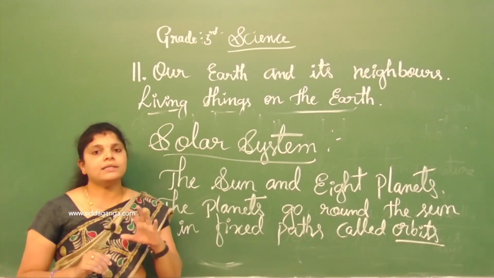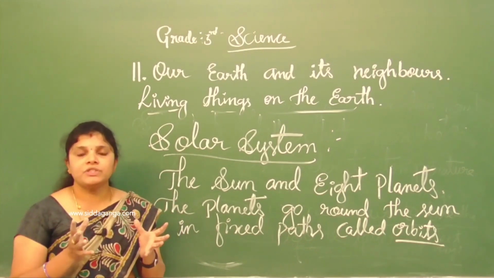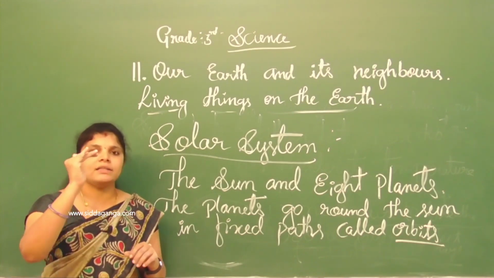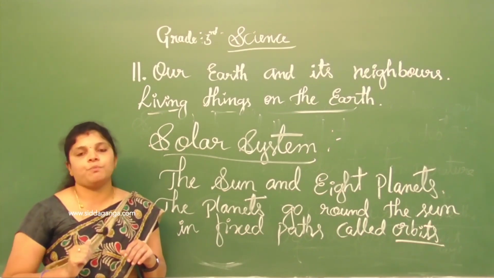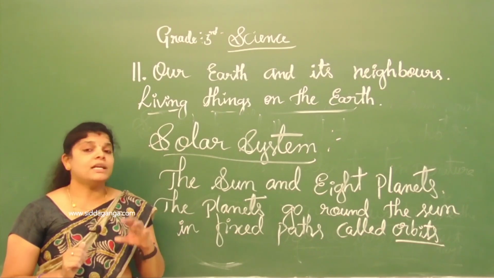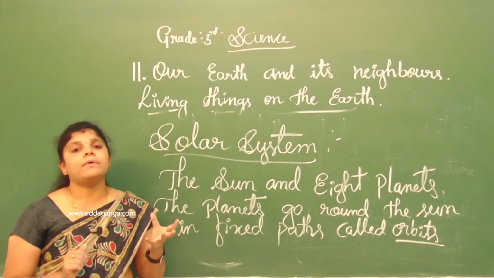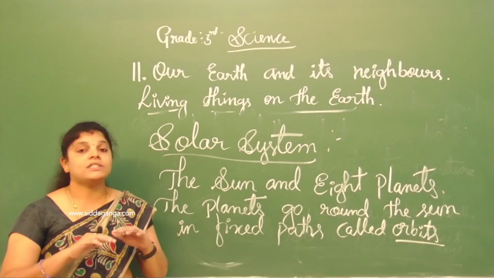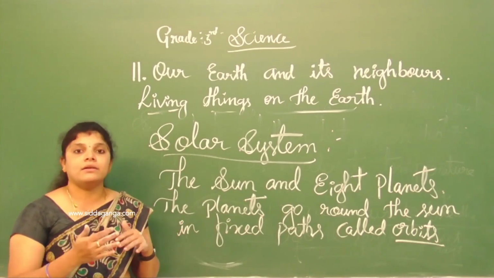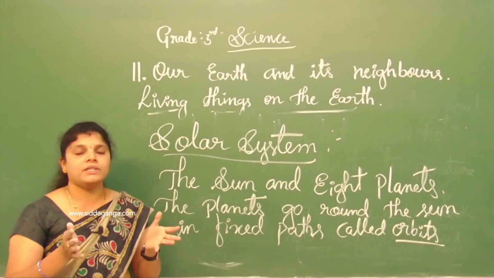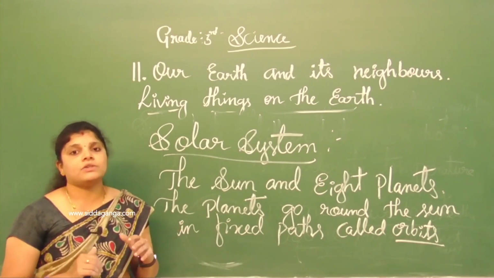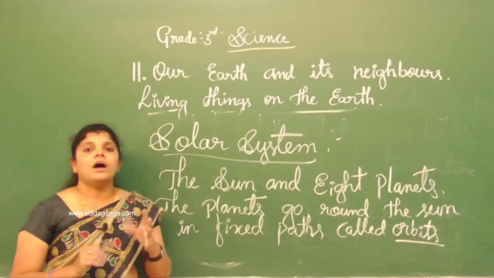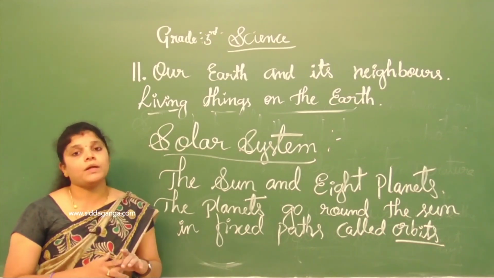Okay, and the earth is round in shape, a little bit flattened at the north pole and south pole. Okay, see, long ago people thought the earth was flat. See, it's not flat, then they proved it. So it was proved by the sailors that it is round in shape.